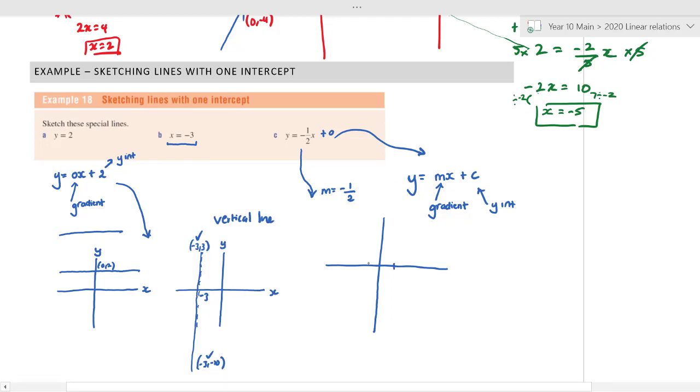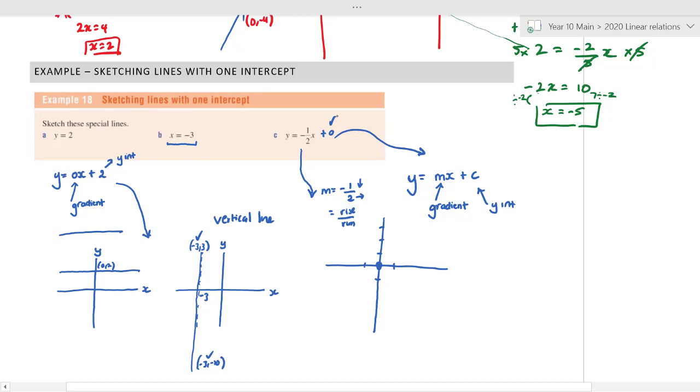Now, if I go across in sort of ones, let's say that's 1, here we go. Well, what does that mean? Let's look at gradient as rise over run. What that means is that it goes across 2, and because of the negative, it goes down 1. And we know that it goes through the origin because the y-intercept is 0.